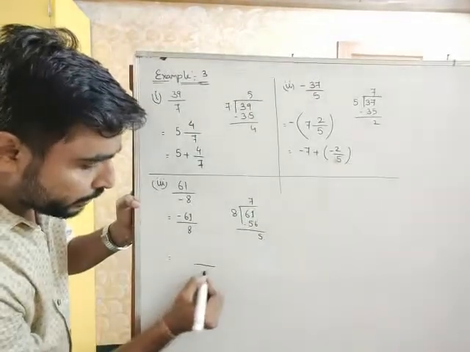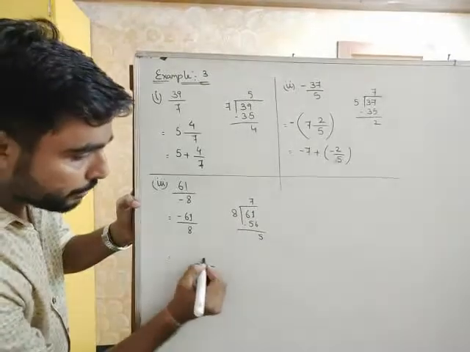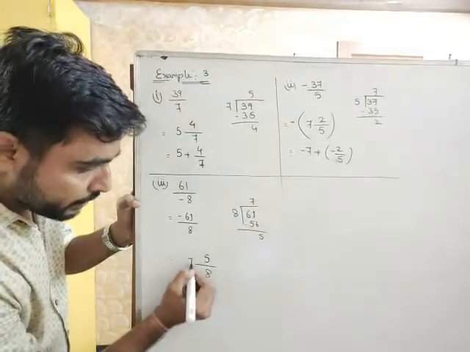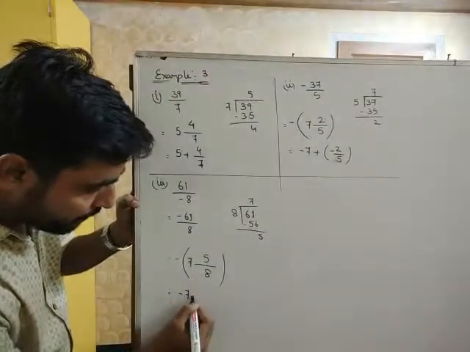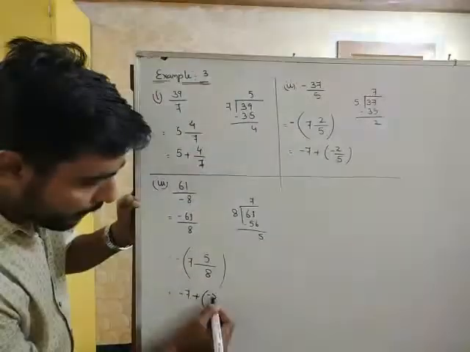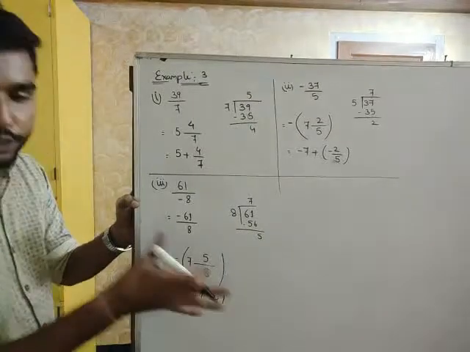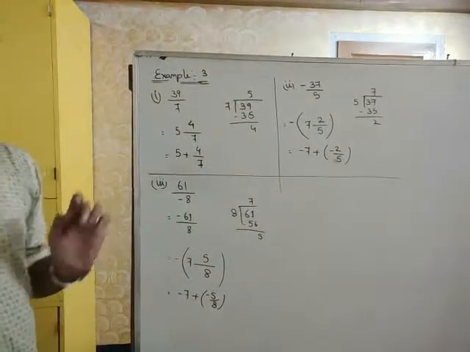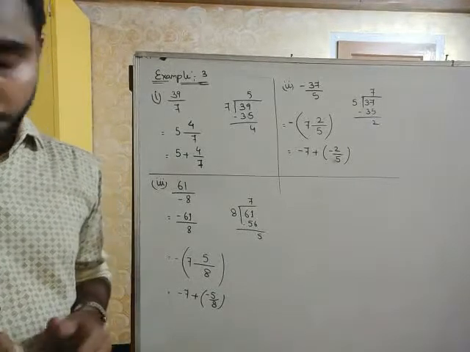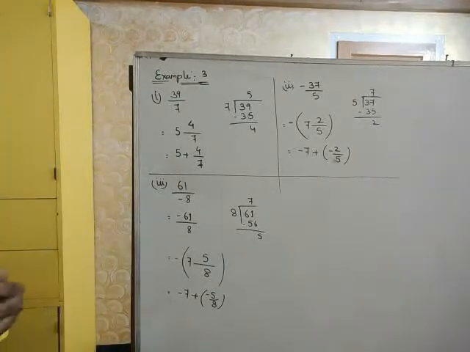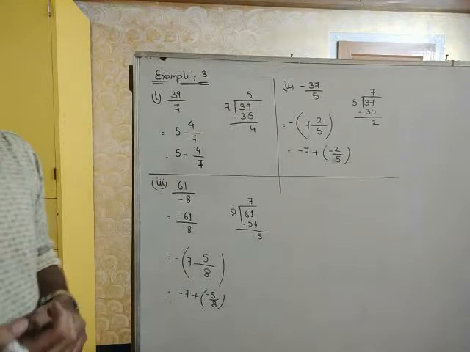So the denominator will never change, the remainder will become the numerator and the quotient will become the whole part, and minus of this one. So it will be minus 7 plus minus 5 by 8, because minus will be with both the integral part and the rational number. Anyone, any doubt here?